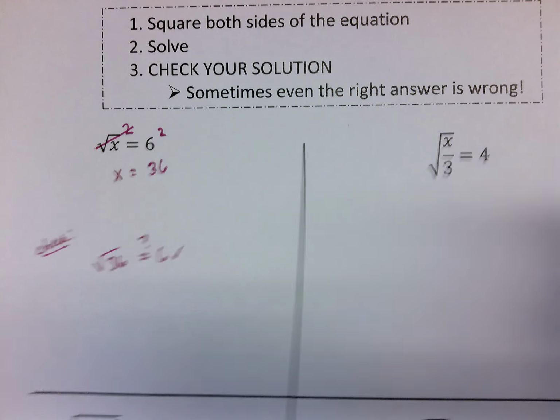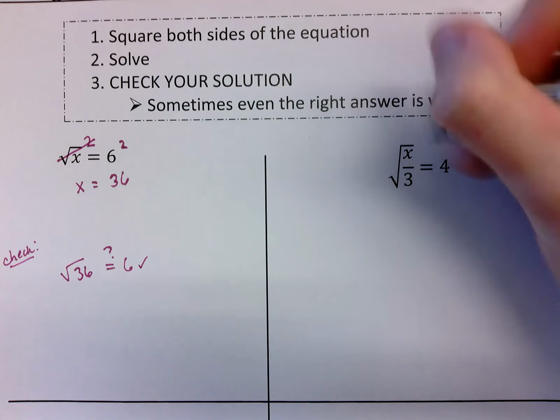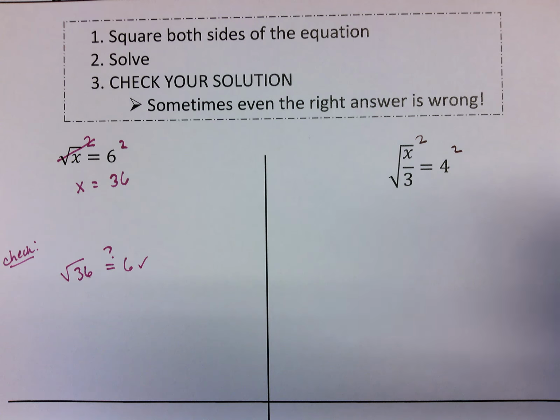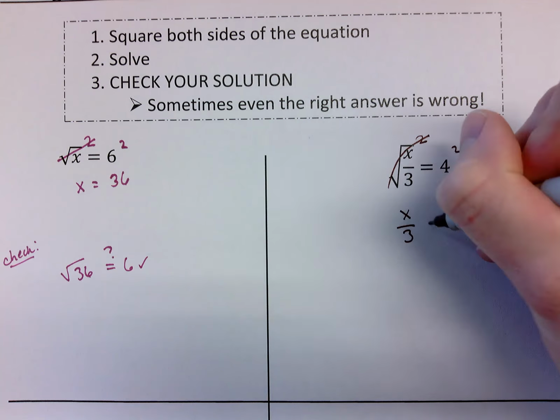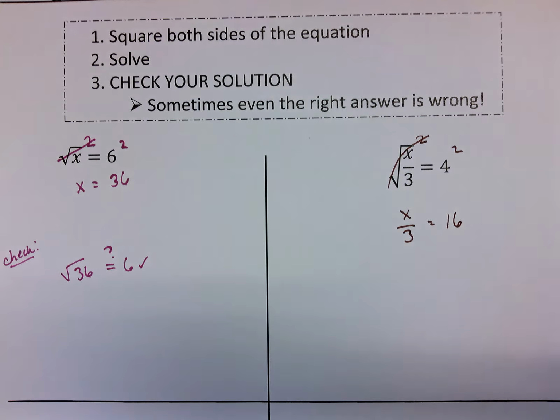All right, second one. I've got something square rooted, so I'm going to take my inverse operation and square both sides. The square root and the squaring cancel each other out, so I'm left with the x and the 3, and on this side, 4 times 4 is 16.